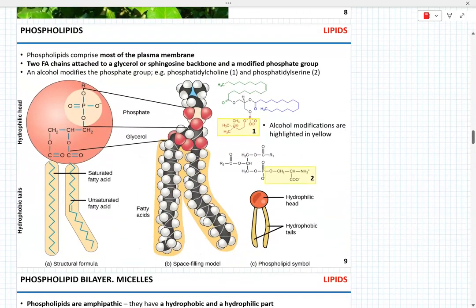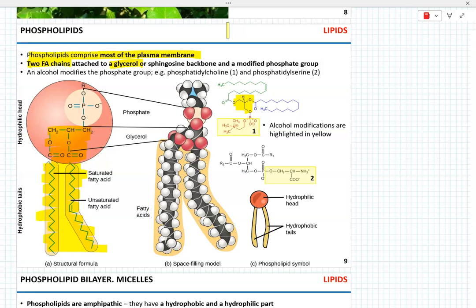Next category of lipids are phospholipids. Phospholipids can be found in plasma membranes and in membranes of the membrane-bound organelles in eukaryotic cells. So phospholipids are formed by fatty acid chains that are attached to a molecule of glycerol, shown here and here, or the molecule of sphingosine.